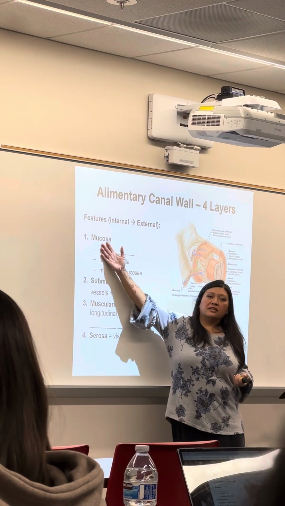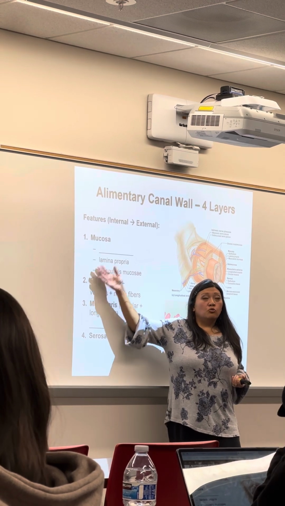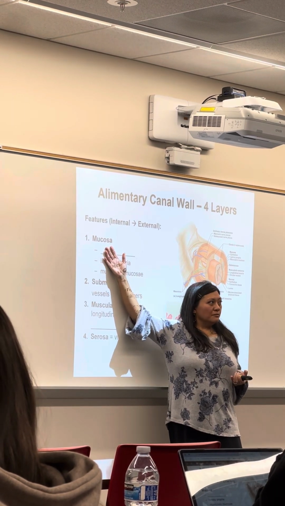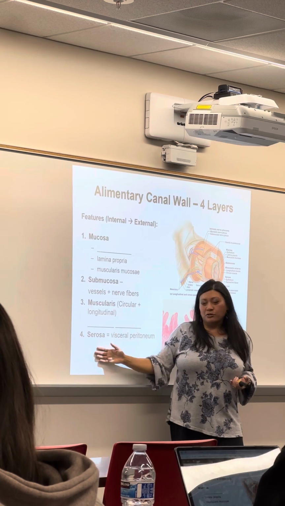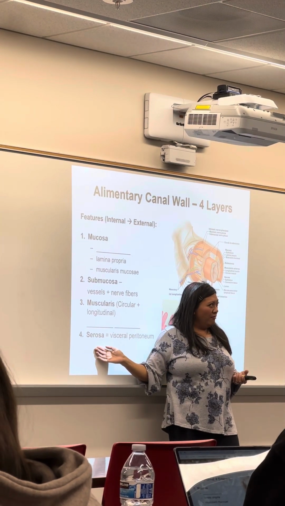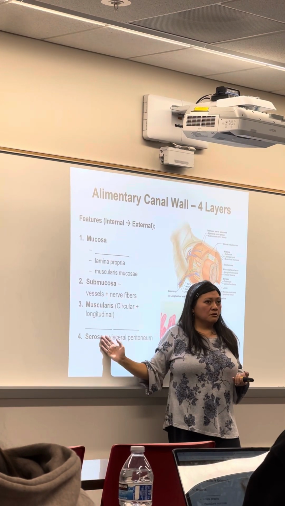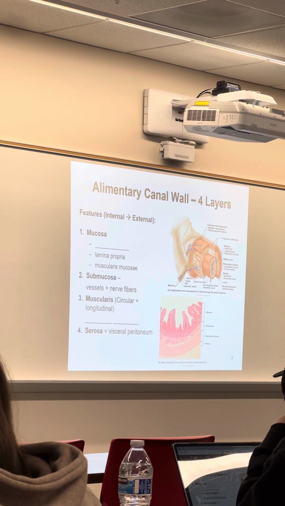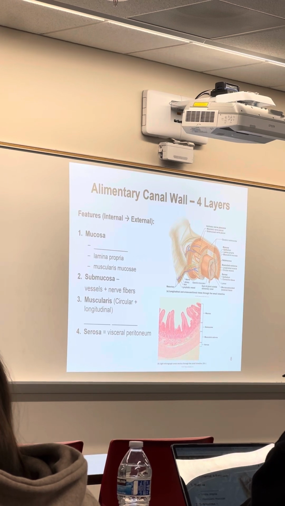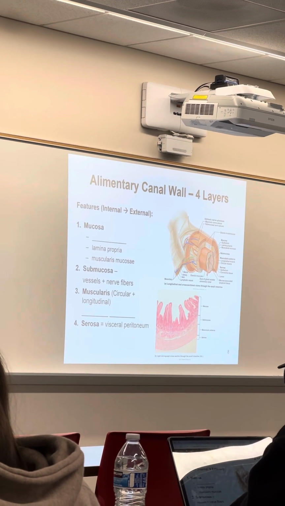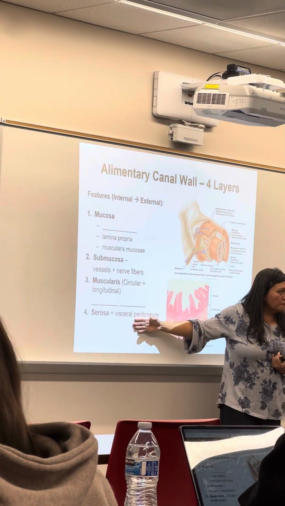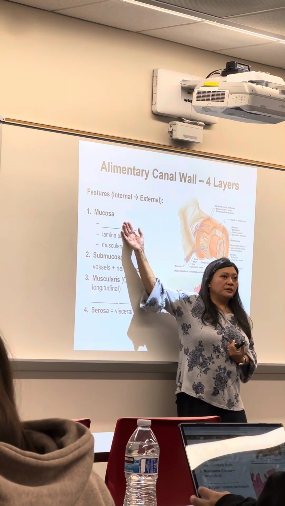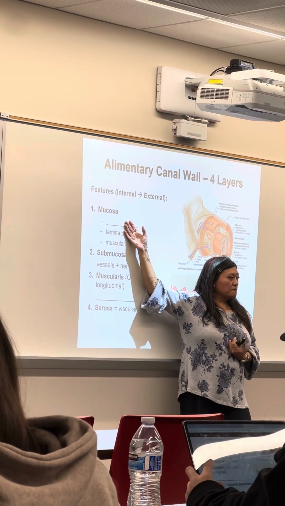If we were to look at the layers from what's actually facing the food to the outermost layer of that canal, it would be in this order. In lab, I do it in reverse. So we have to really understand what superficial versus deep means. This ends up being the most superficial. This ends up being the deepest.